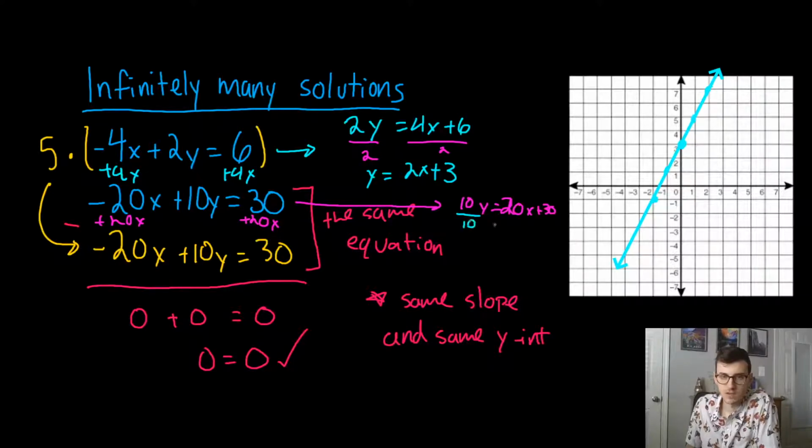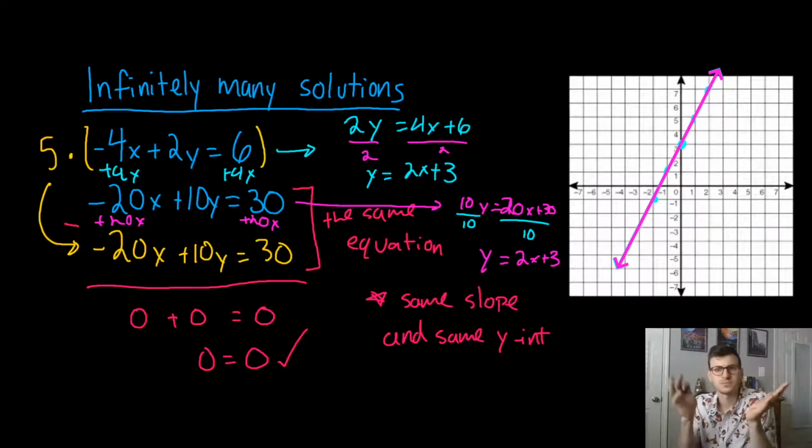Divide both sides by 10, and again I get y equals 2x plus 3. That's the exact same line that I just had. So instead of intersecting at just one point, these two lines intersect at every single point. That's why we say they have infinitely many solutions.